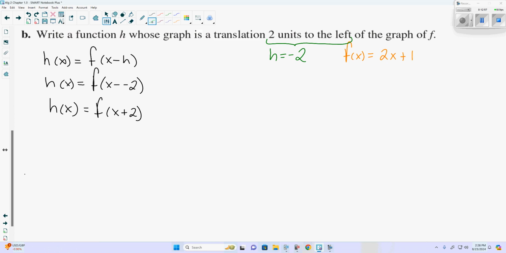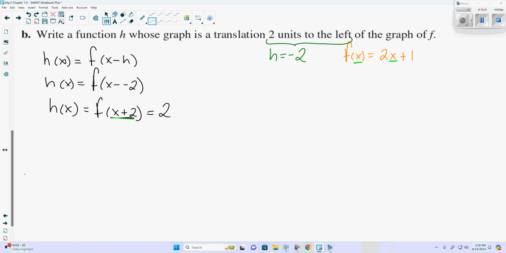So we have f of x plus 2 here, yes? Our original function was what? F of x. So what do we replace the x with? x plus 2, yes? So that whole expression. Which means every x in f of x has to be replaced with x plus 2. Everything else is going to stay the same.